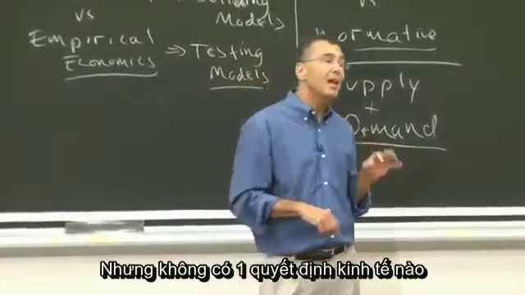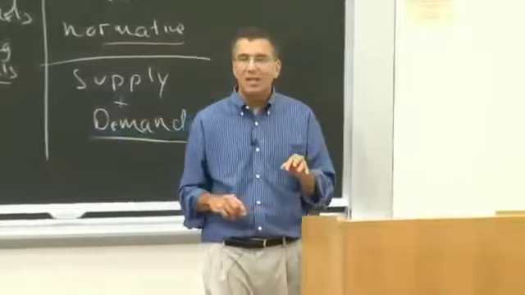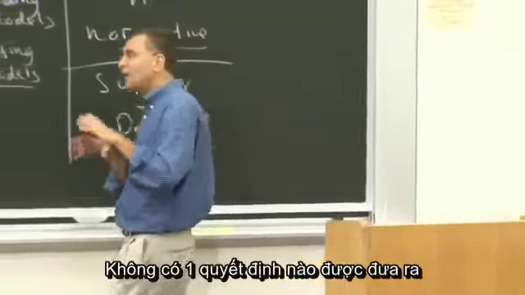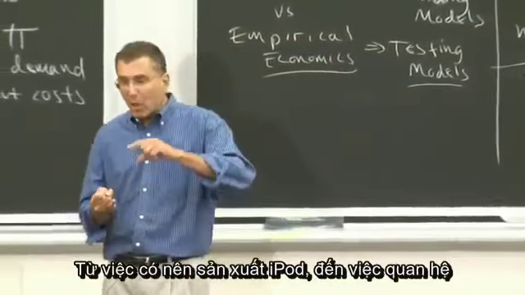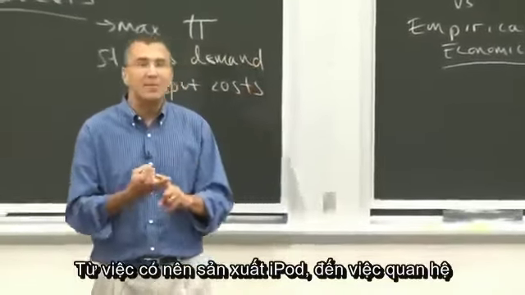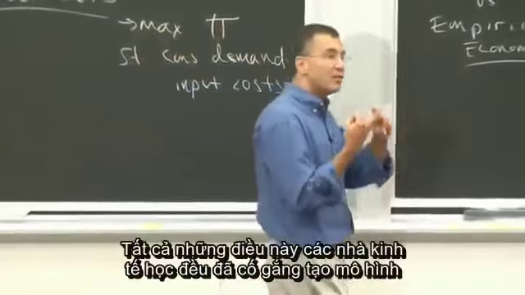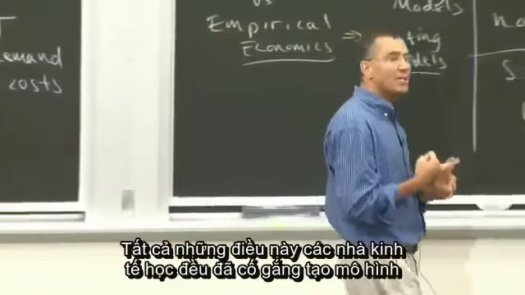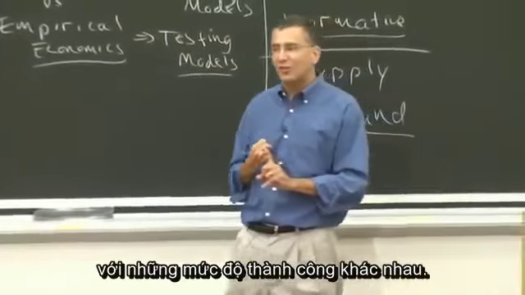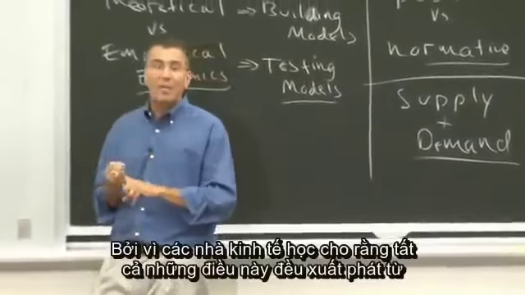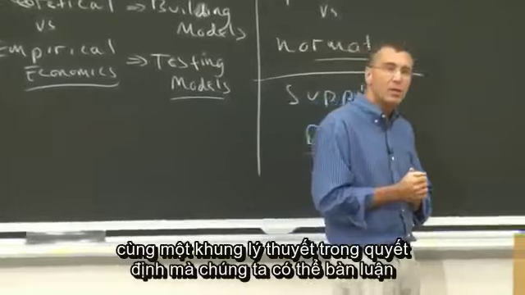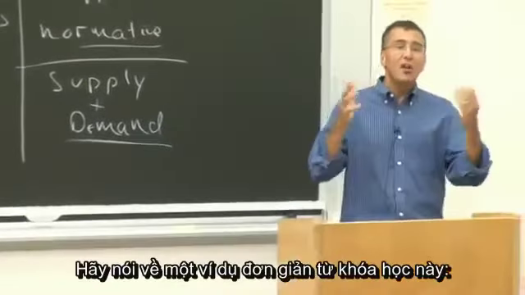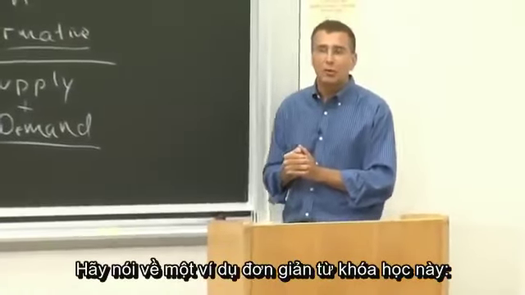But there is not a decision that people have made that economists haven't tried to model, from whether to produce iPods to how many times to have sex each week. These are all things economists have tried to model with varying degrees of success. And this is because economists think that these all come from the same decision theoretic framework that we can discuss.